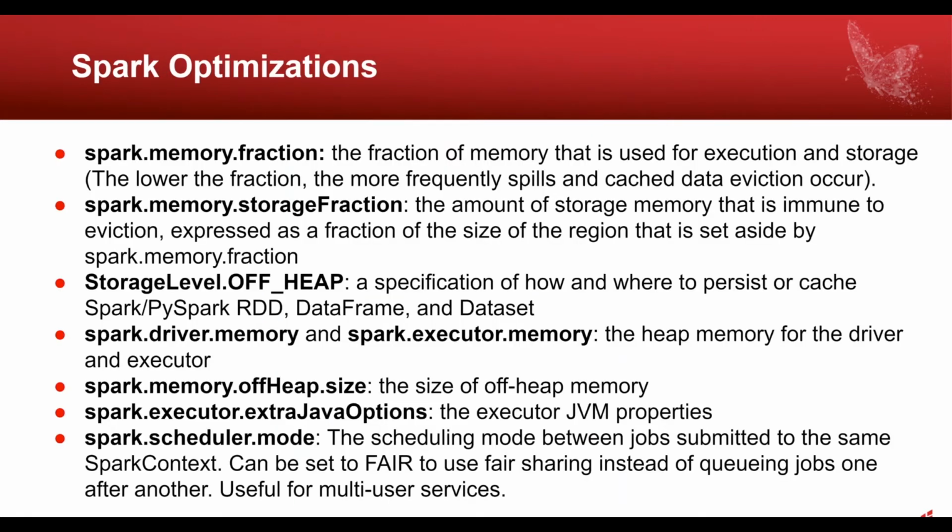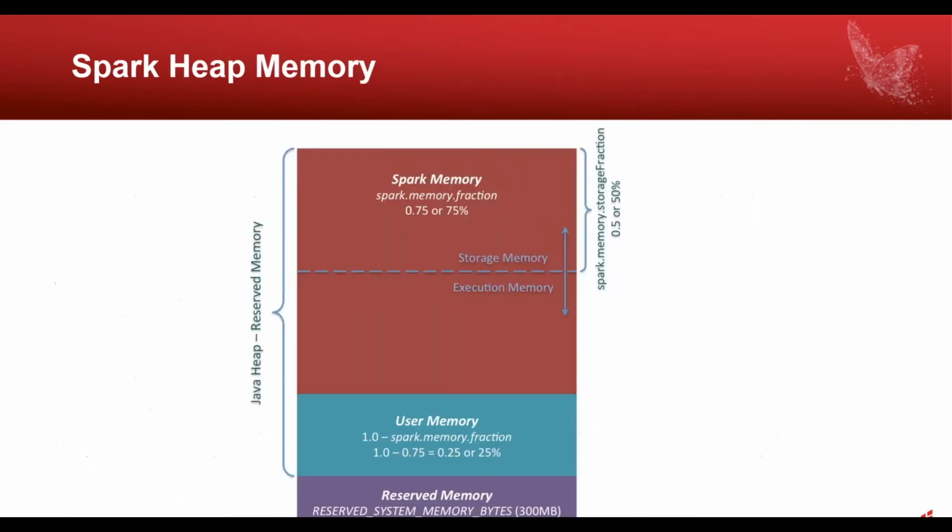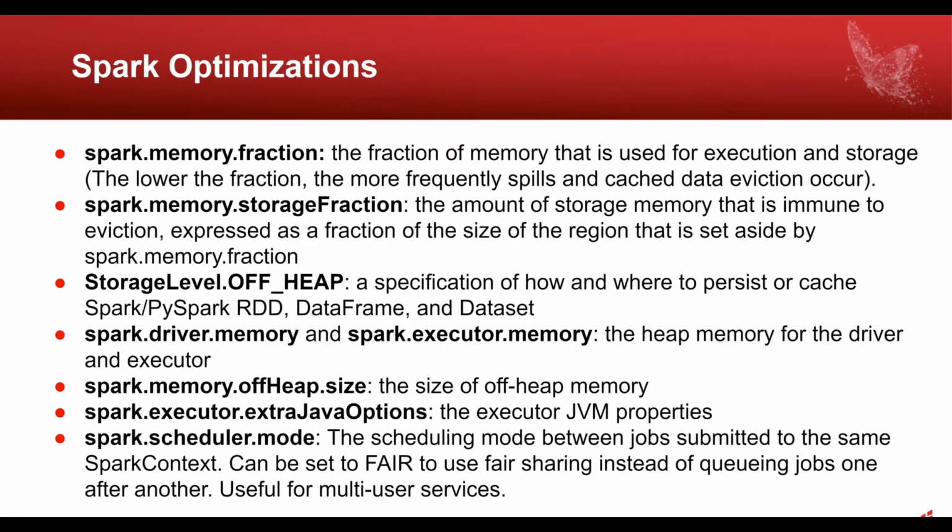Spark memory fraction sets how much we will use for storage memory. By default it's 75%, but it can be changed. Other memory will be used for different calculations. And in case you need to, for example, store some memory without any eviction, you can also set another property. It's Spark memory storage fraction.